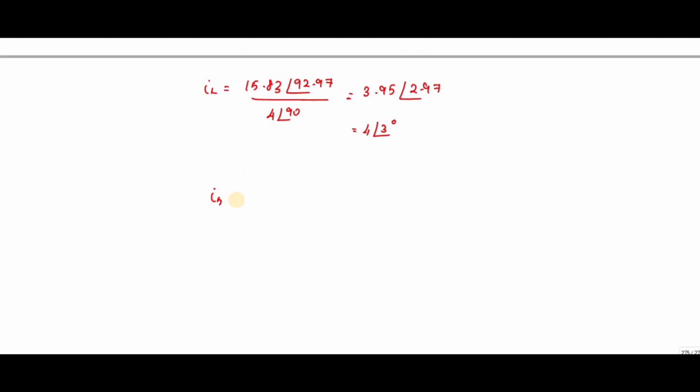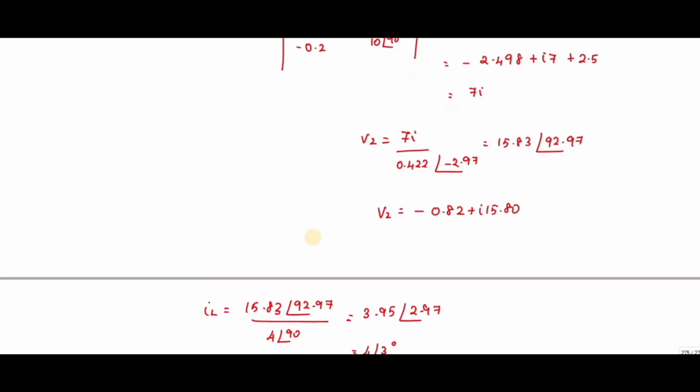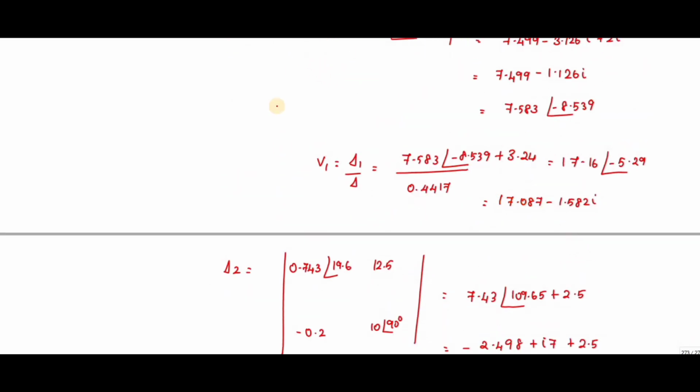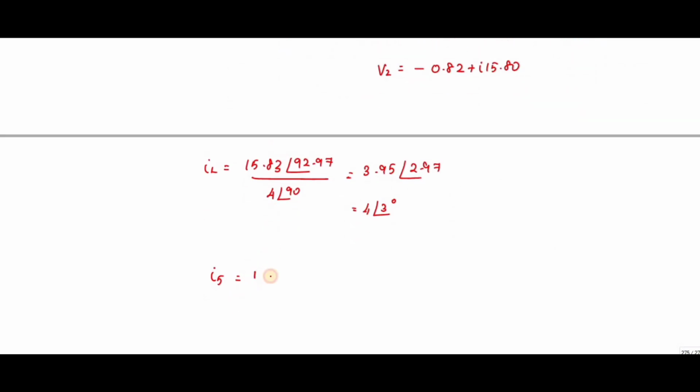What is V1? V1 is 17.087 minus 1.582, minus V2.